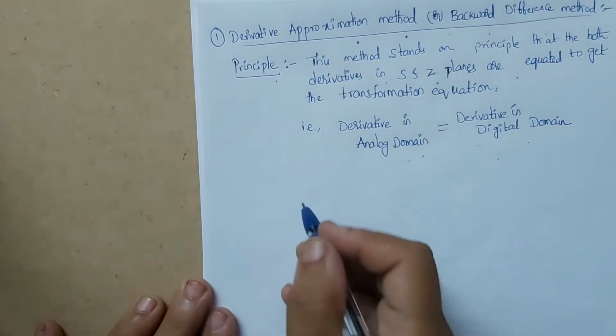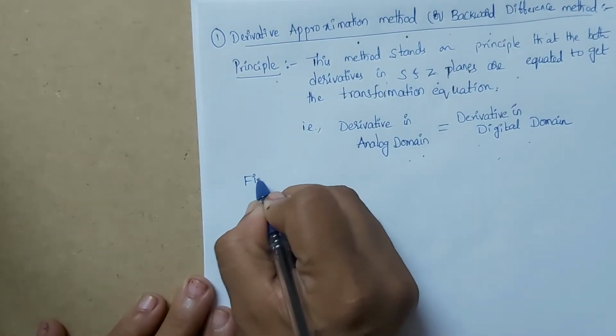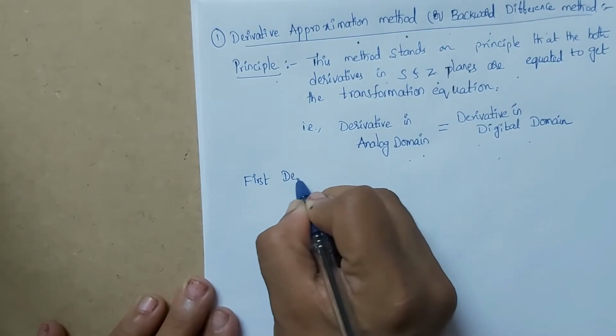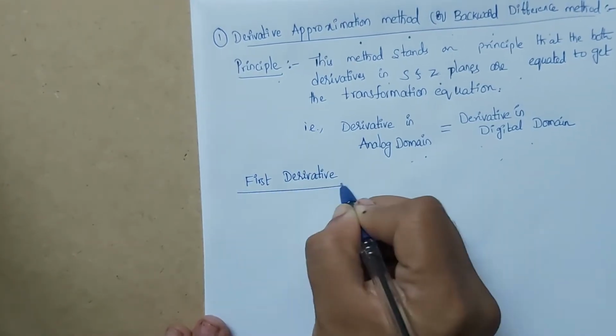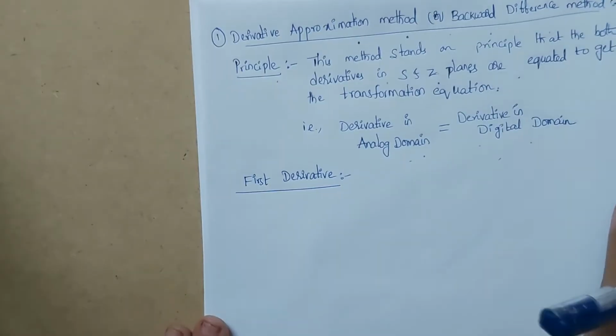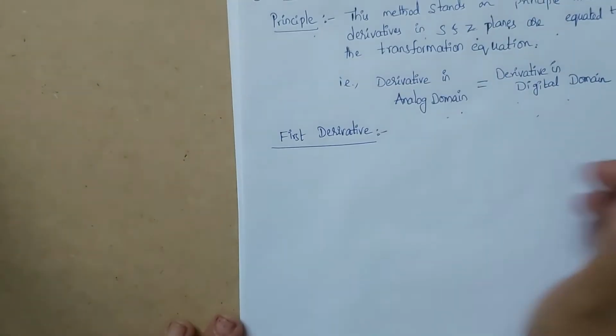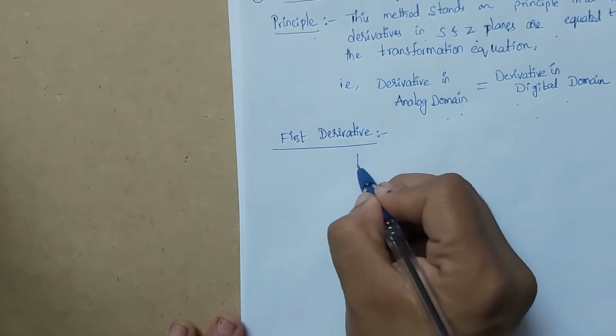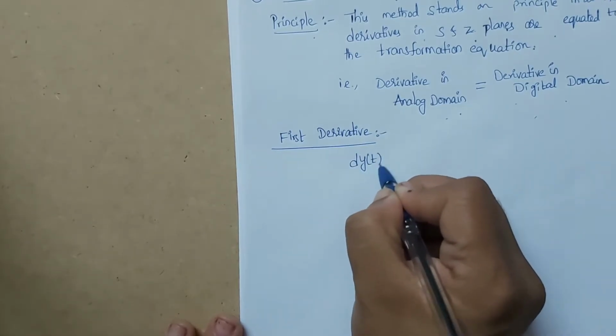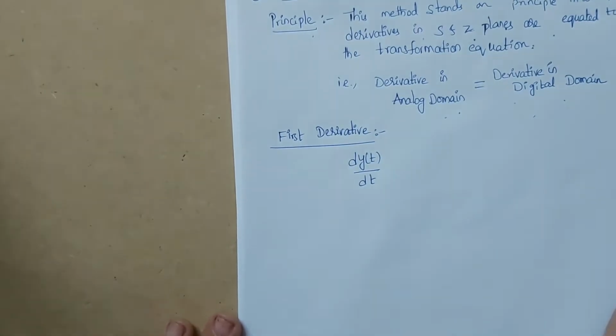This is called the first derivative. What will be the first derivative in our analog domain? If you take y of t as a signal, then the first derivative will be dy of t by dt.